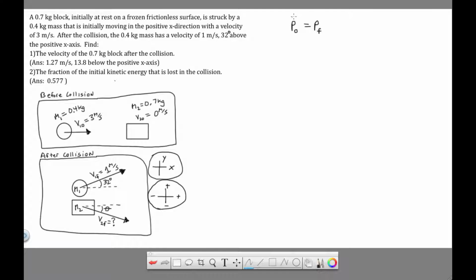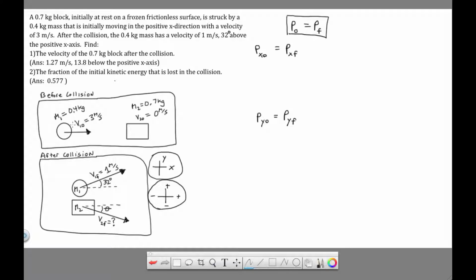So we're going to say momentum x initial equals momentum x final. And then we're going to do the same thing for the y direction. In the y direction, momentum y initial is going to be equal to momentum y final.